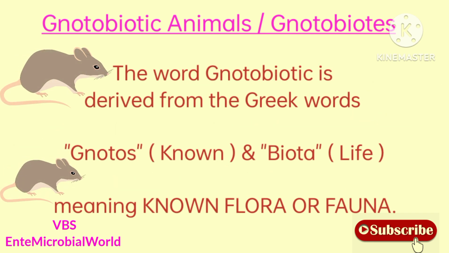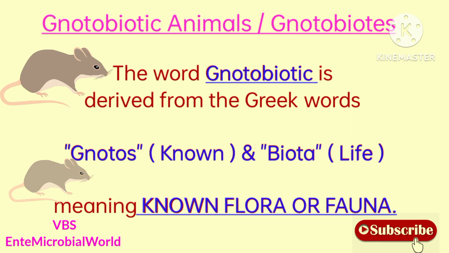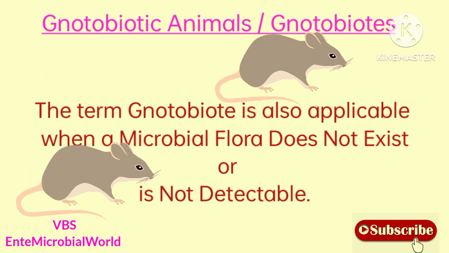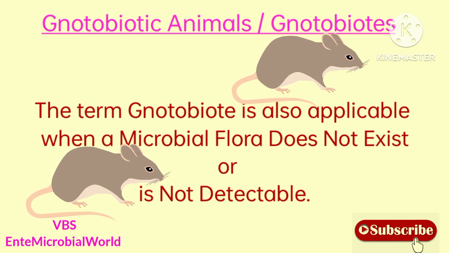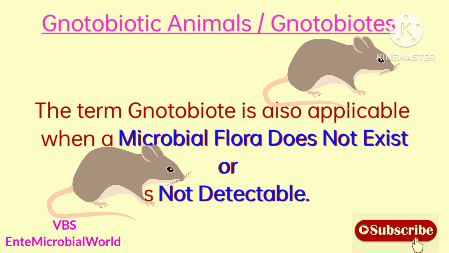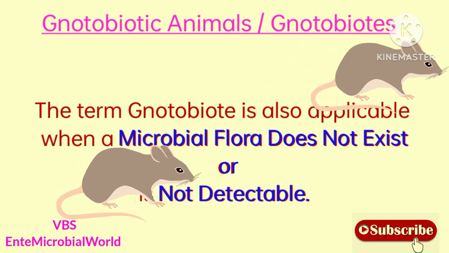The word gnotobiotic is derived from the Greek words gnotos and biota, meaning known flora or fauna. So, a gnotobiote is an animal with a known flora or fauna. The term gnotobiotes is also applicable when a microbial flora does not exist or is not detectable.